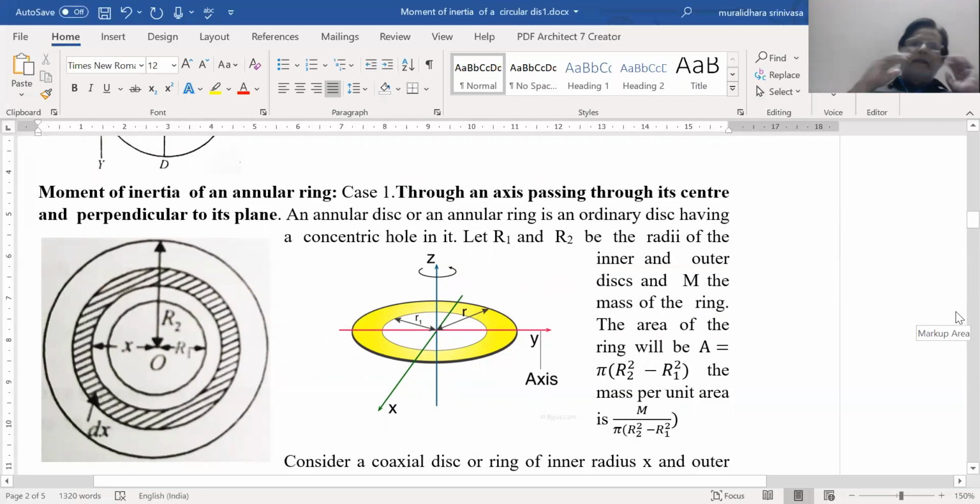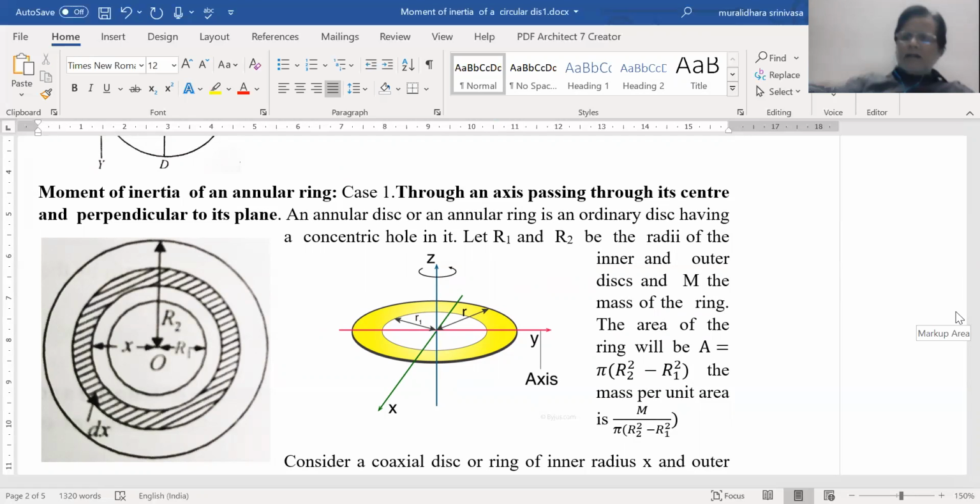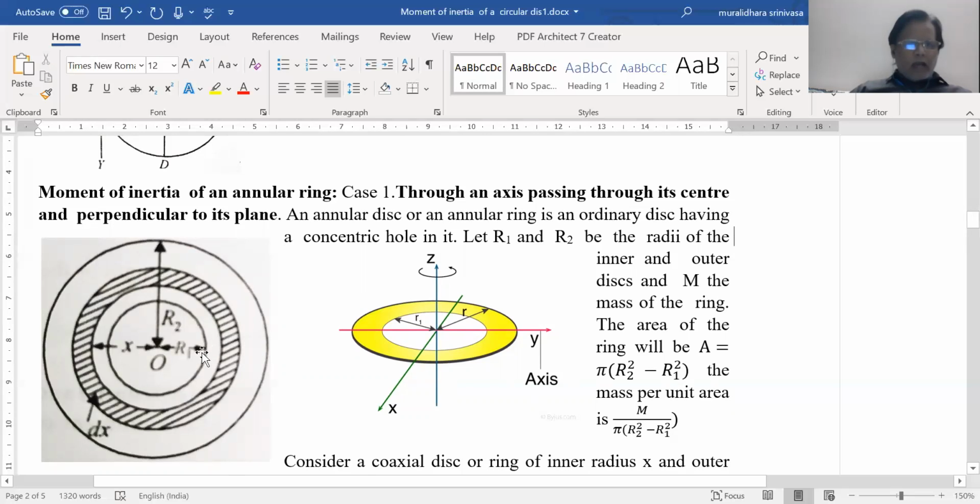An annular ring, or an annular disc, is nothing but an ordinary disc having a concentric hole in it. If this is the ring, what I have shown in white and black, then this is the annular ring whose outer radius is R2 compared with R here, and the inner radius is R1, this is where the hole is.